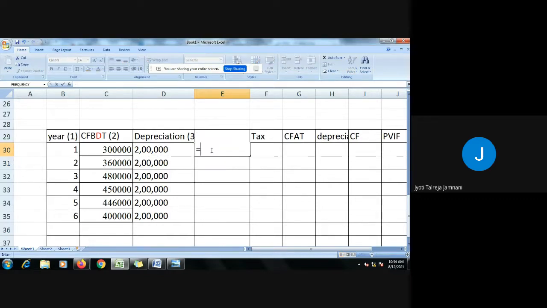Similarly, for every year, we will go on minusing the depreciation amount. Then 3 lakh 60 minus 2 lakh is 1 lakh 60. 4 lakh 80 minus 2 lakh is 2 lakh 80.